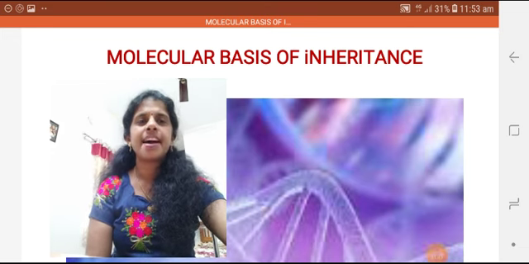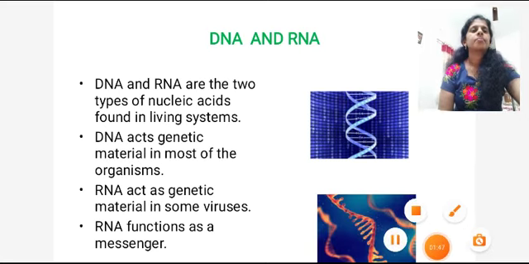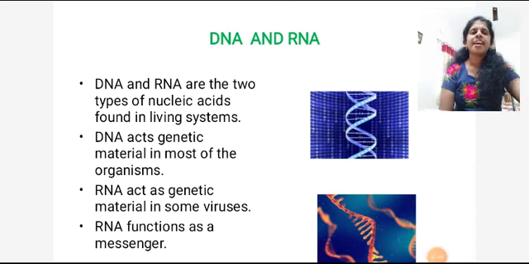Let us start with the topic molecular basis of inheritance. DNA and RNA are the two types of nucleic acids found in living systems. DNA and RNA are the major components in molecular basis of inheritance. What are the functions of DNA and RNA?